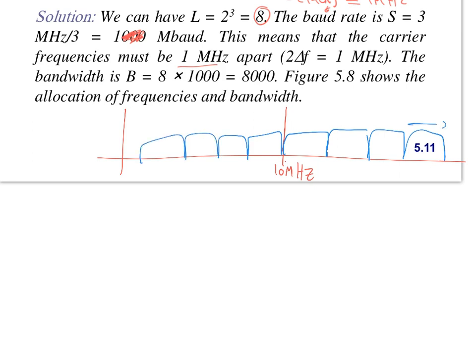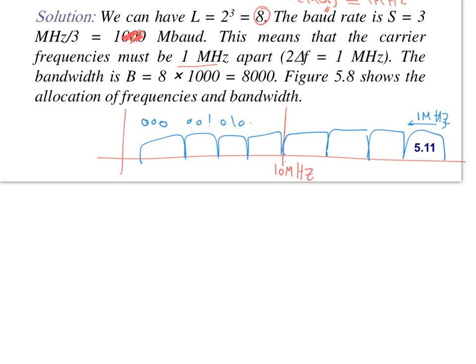Each one of these is 1 megahertz. And by having those 8 different frequency ranges, we can represent all the different combinations of these 3 bits. So this could be 000, 001, 010, and so on. Okay? So by having different frequency ranges, we can represent the different bit combinations.